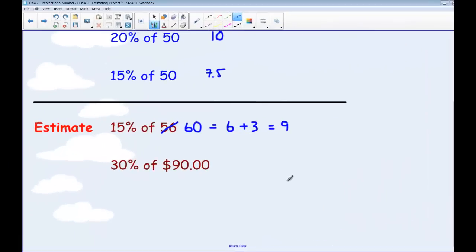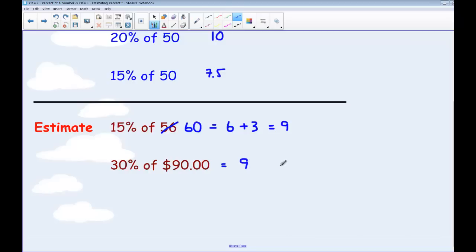Okay, so to find out 30% of $90, simply take 10% first. So 10% of 90, well, you move the decimal over 1, so therefore it's 9. So that would be $9 is 10%.